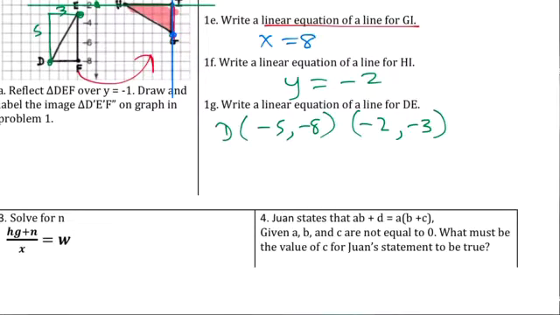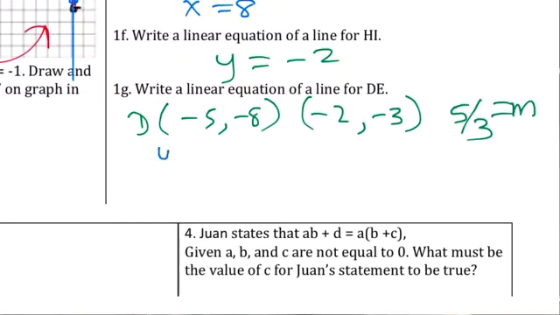Going up 5 over 3, that's the slope. That way I don't have to find it using any math. Then you use y minus y sub 1 equals m times (x minus x sub 1). Okay, let's use slope-intercept form, the other one, y equals mx plus b, right?